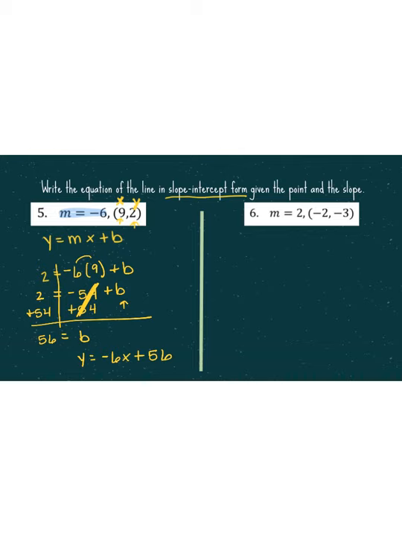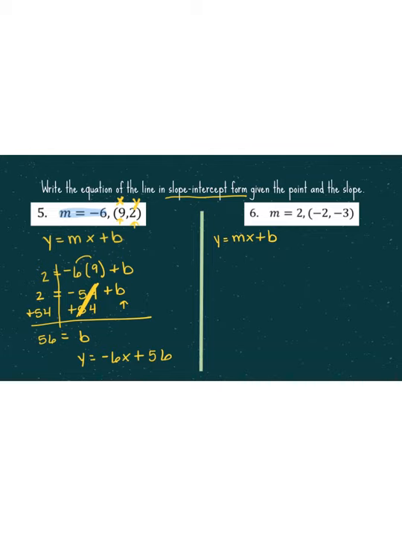So that is your slope-intercept form, and I'm just going to fix this 5. It doesn't really look like a 5 there. So y equals negative 6x plus 56. Okay, that's slope-intercept form. So let's do the same thing with this next one. So if we know we want y equals mx plus b, first we have to figure out what that b is.